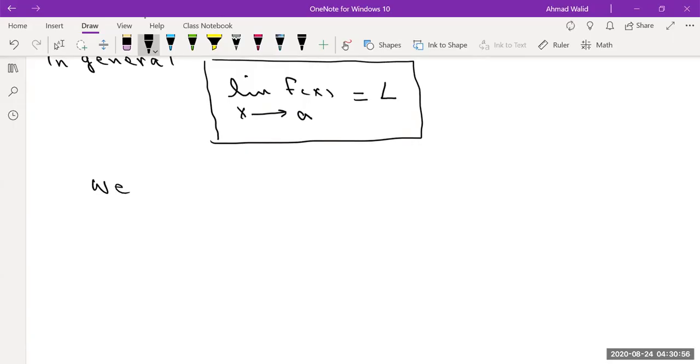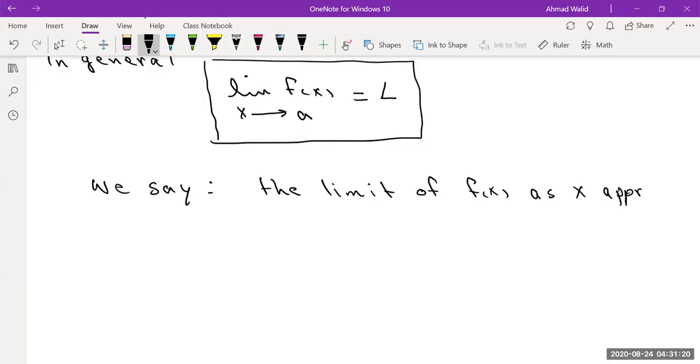We say the limit of f of x, this is how you read this: the limit of f of x as x approaches a equals L.